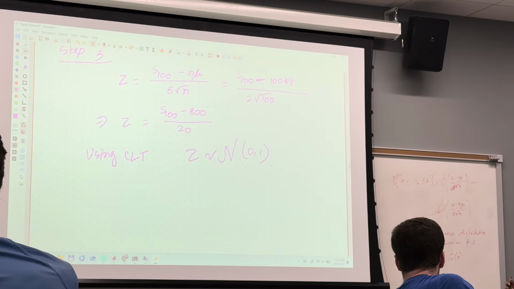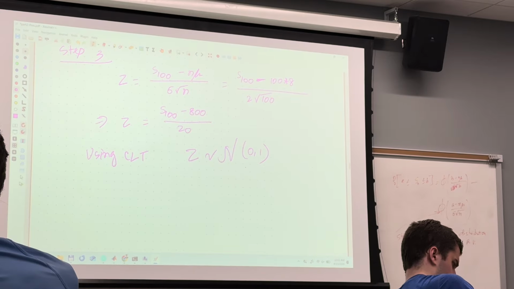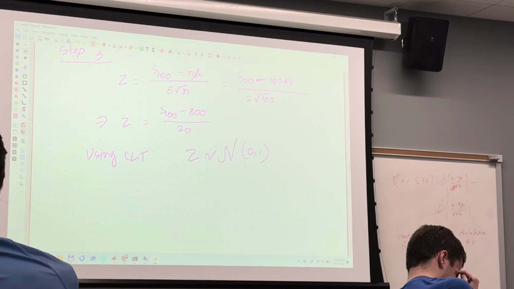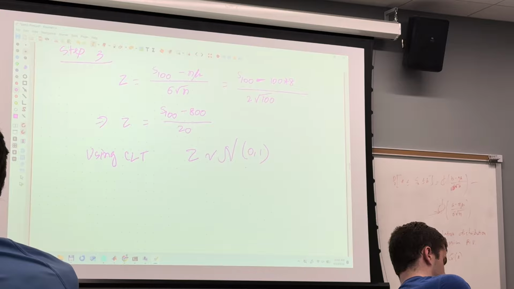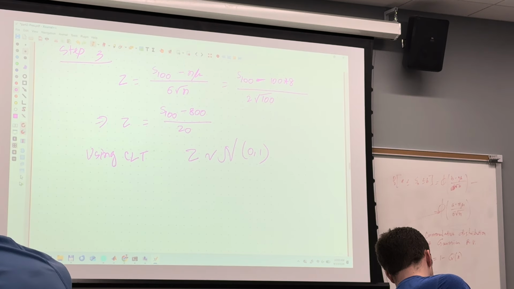Previously, we had no idea what distribution this summation of 100 orders would follow. Now, because of the central limit theorem, we know that this normalized random variable Z follows a Gaussian distribution with parameters 0 and 1.